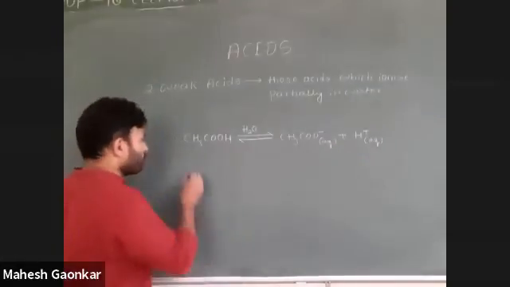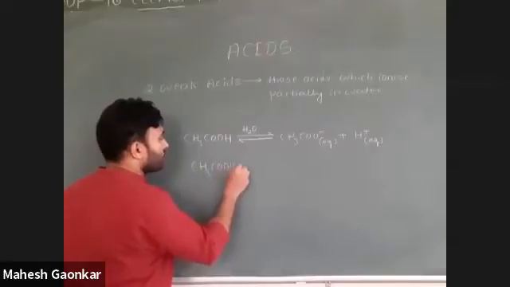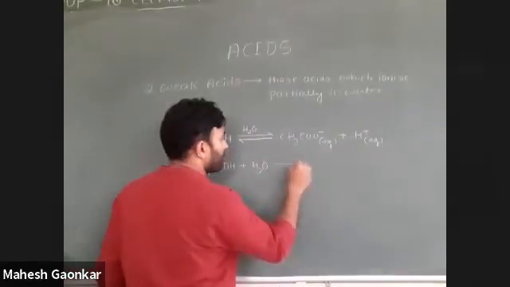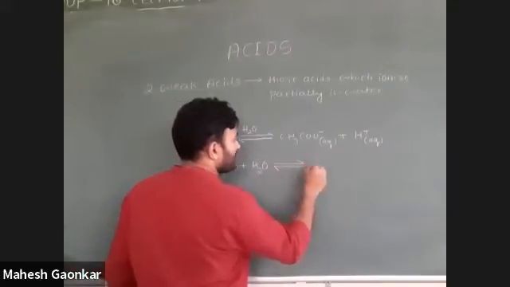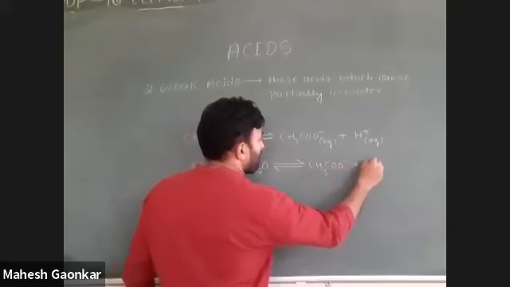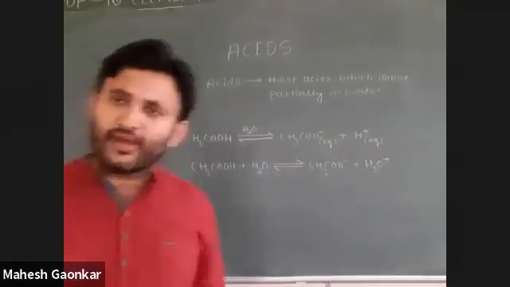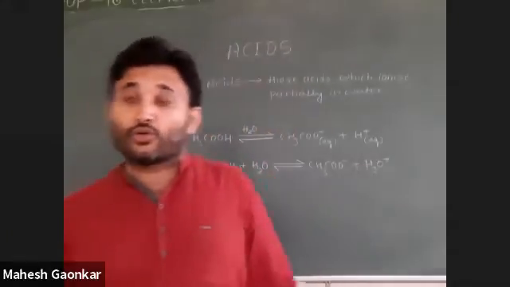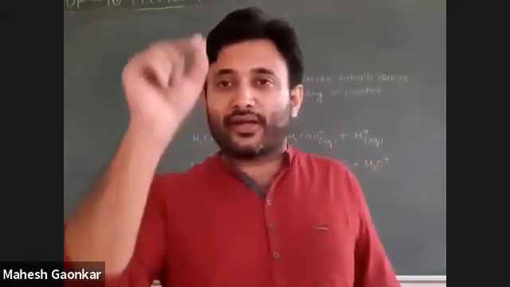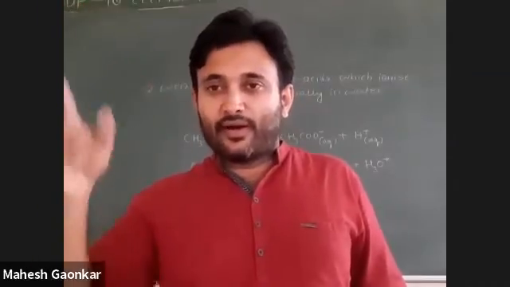We can write this in another way also. CH3COOH plus H2O gives CH3COO minus plus H3O plus. H plus can also be shown as H3O plus. That's also called hydronium ion. You may ask, when we wrote strong acid, sir, you mentioned H2O above the arrow mark, HCl gives H plus Cl minus.